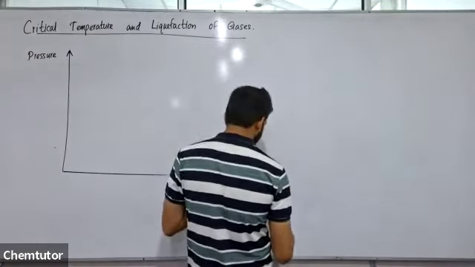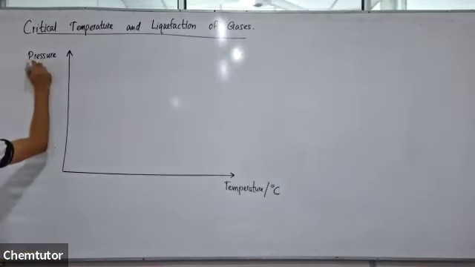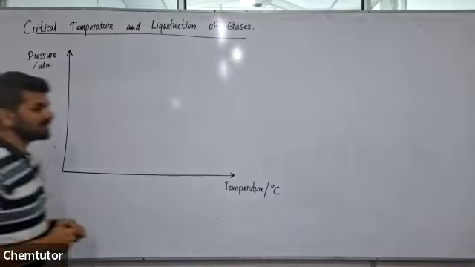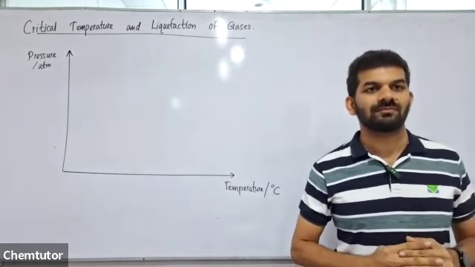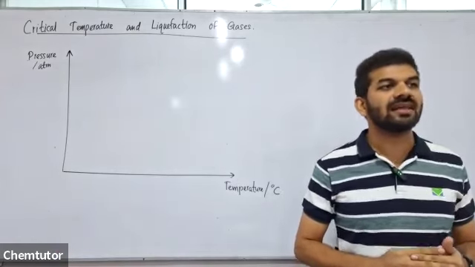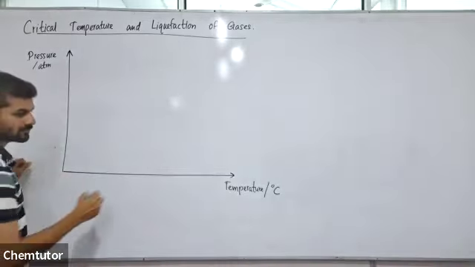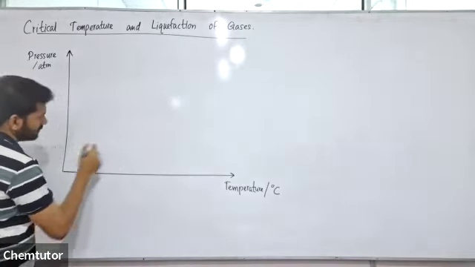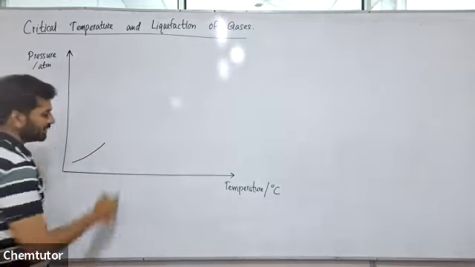Temperature is in degrees Celsius, and let's consider pressure in atm. Those are the units. So if we consider the phase diagram of carbon dioxide, what are the three phases we know? Yes, solids, liquids, and gas. Right. So let's see how those phases will vary. It will increase like this.